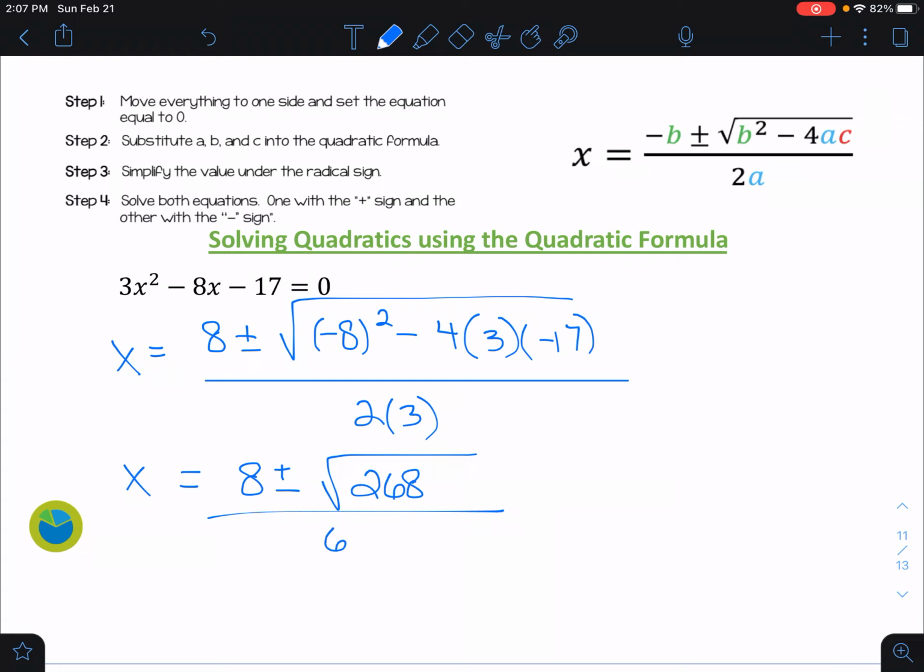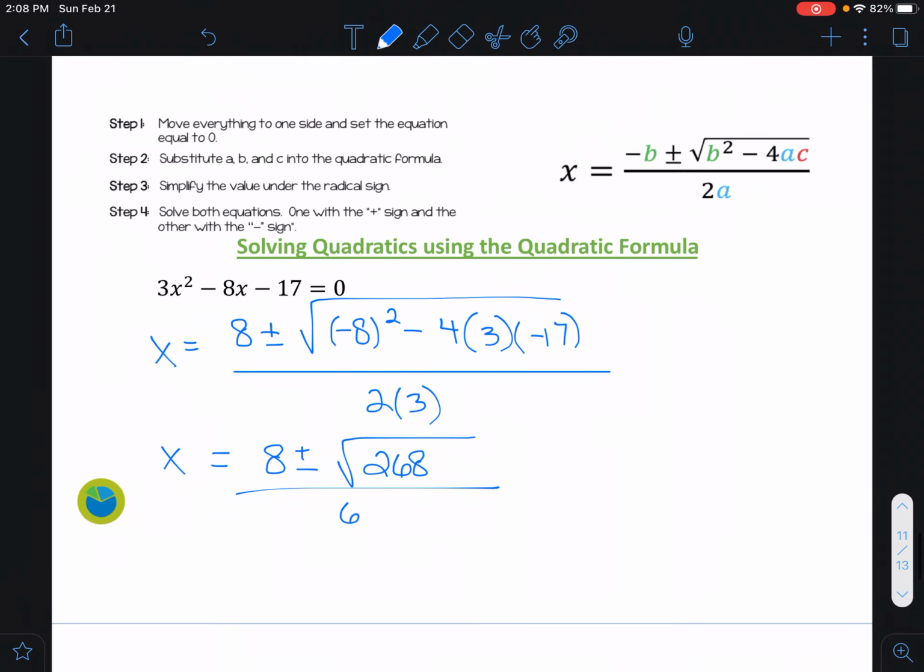Now I'm going to solve that. Well, 268, if I try to break that down, it will not be a nice number. So you're going to have to do some breaking apart. Now, if you do that, you would get this, which would give me 2 root 67.